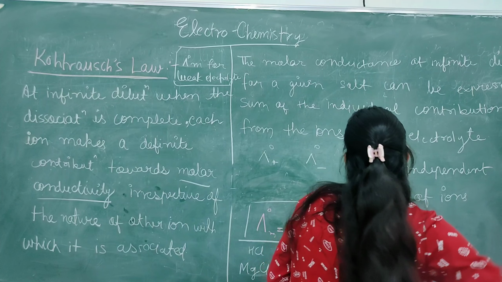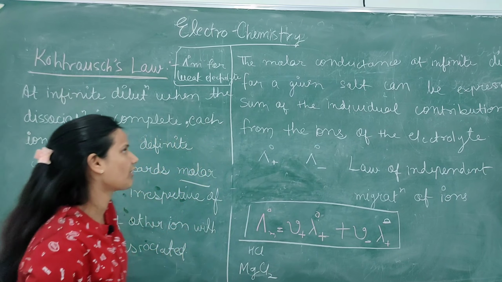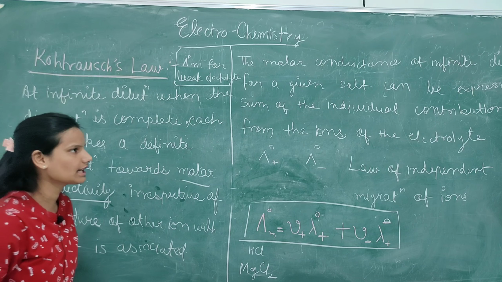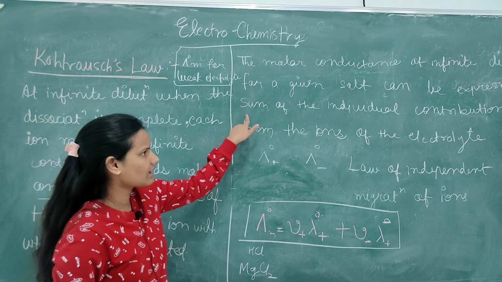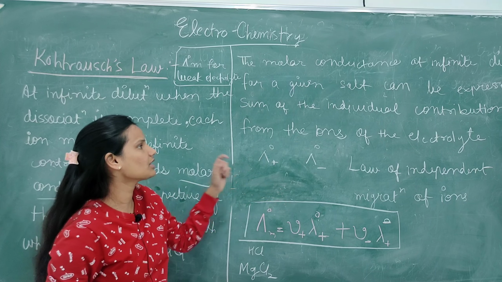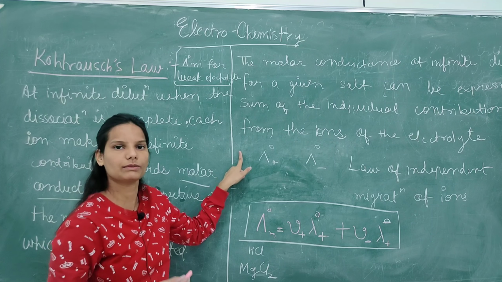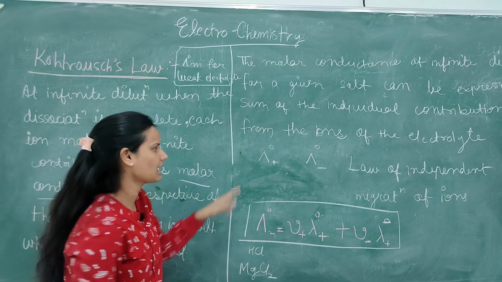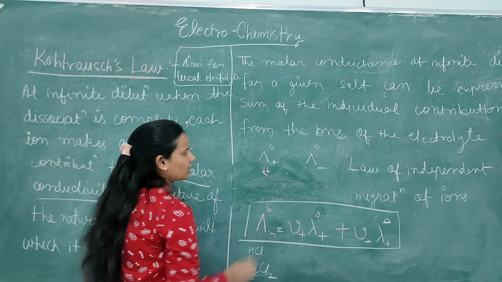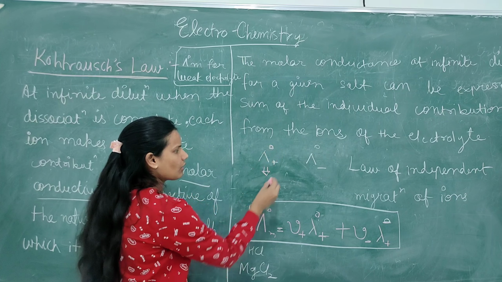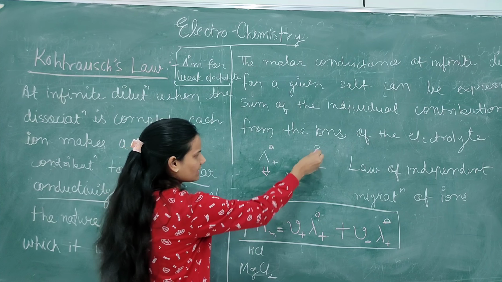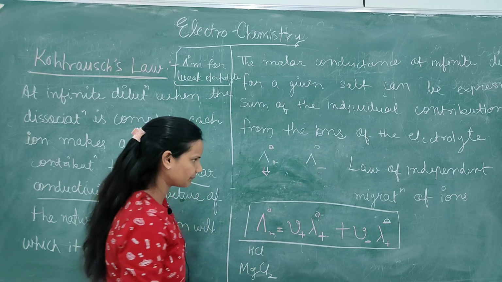Okay, so the molar conductance at infinite dilution for a given salt can be expressed as the sum of the individual contributions from the ions of the electrolyte, from the cation part and the anion part. This is the molar conductance at infinite dilution of the cation, and the molar conductance at infinite dilution of the anion.